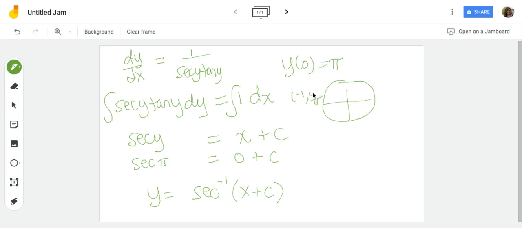That's the (-1, 0). So remember, secant is the reciprocal of cosine. So the cosine is -1. So the reciprocal of that would be -1. So -1 equals C. So then I can plug that in here. So if I change my color again to show my answer, y is going to equal the inverse secant of x minus 1, because C ends up being -1.